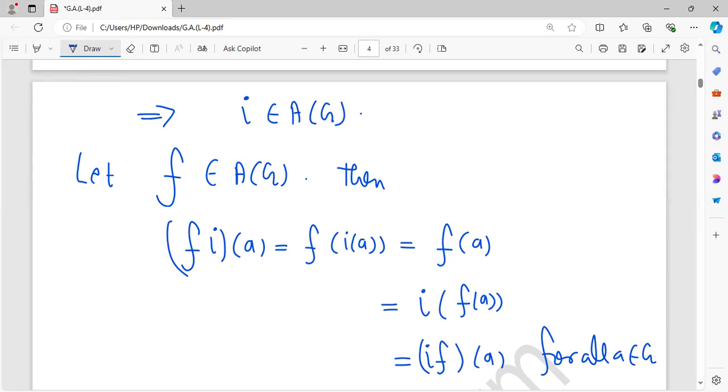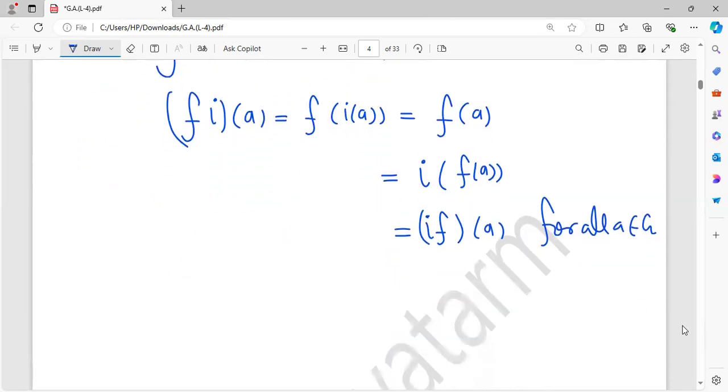So this implies f∘I is equal to I∘f is equal to f.